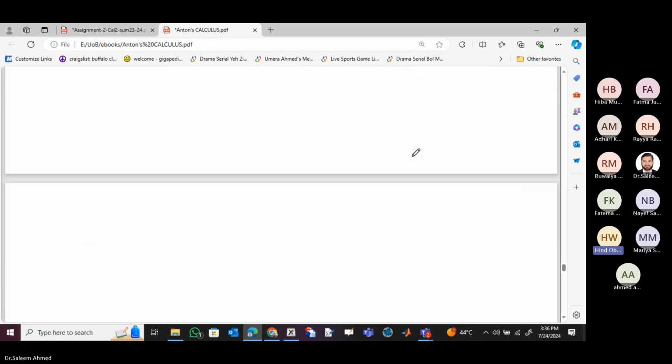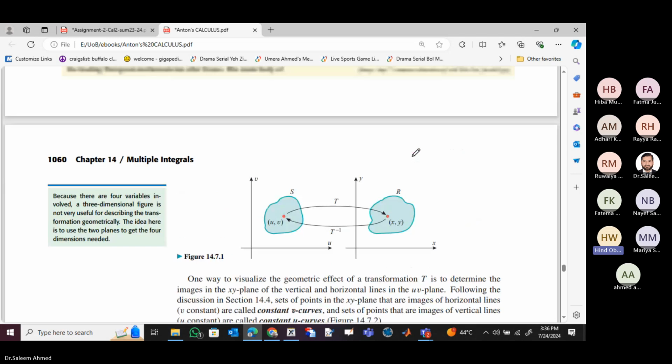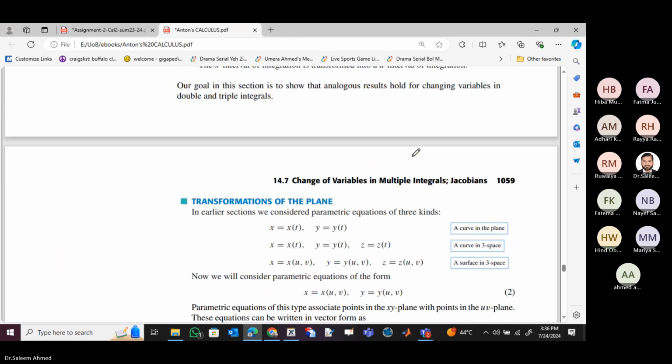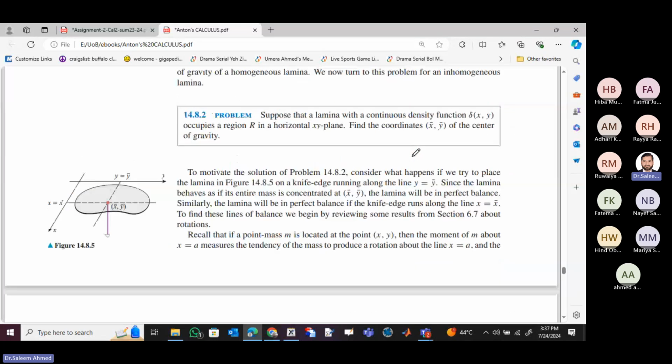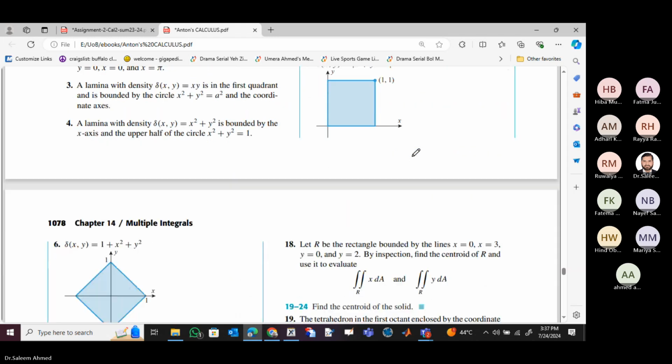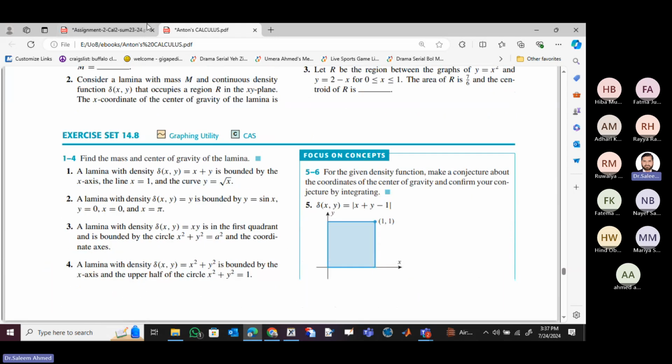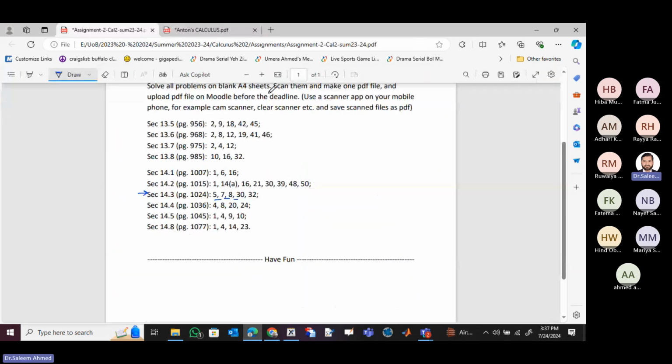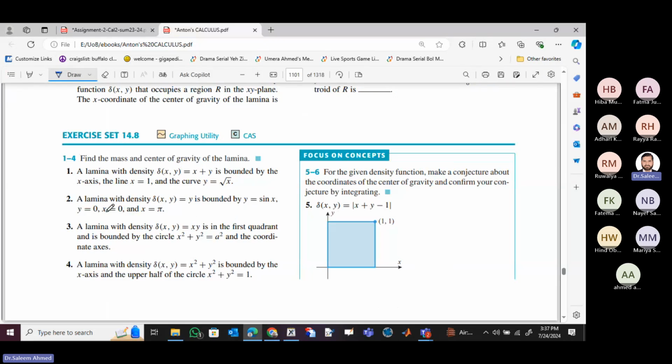Let's solve another question for 14.8. So here, if I go to 14.8, see here, problem 1. Find the mass and center of gravity of the lamina.